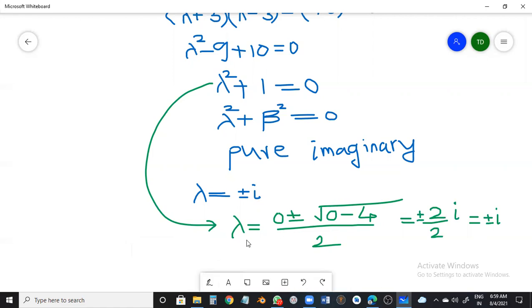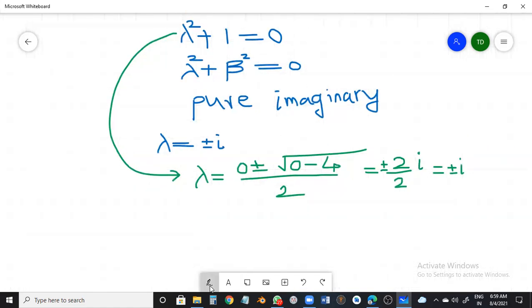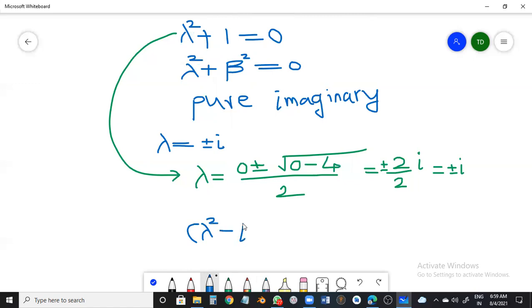Or you may call it lambda square minus i square equal to 0. So if you don't want to use the formula, you may go like this also. Lambda square minus i square, because i square is minus 1, and your equation was lambda square plus 1 equal to 0.